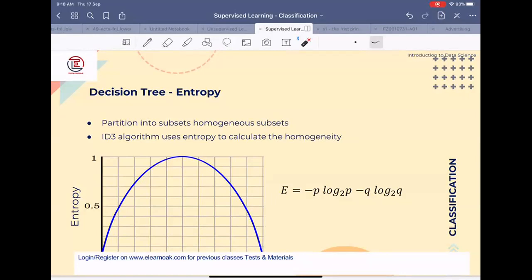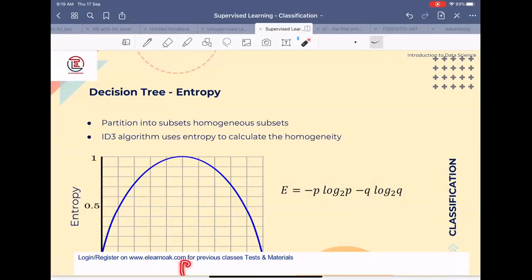Let us look at the formula for entropy. The formula for entropy is basically minus p log to the base 2 of p, minus q log to the base 2 of q. On the x-axis here, I have 0 here, 1 here, and we have something called p that we are plotting.